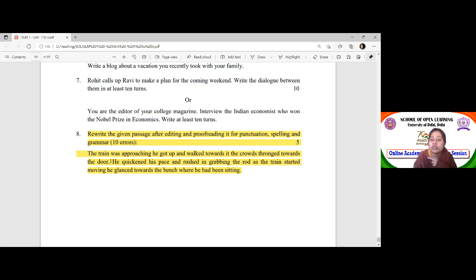Like, you're not supposed to delete anything. "Walk towards the crowd" is there. Now tell me if there is a mistake here. Walk towards how, and what is the mistake? No, no, it's okay. I just corrected your mistake. You don't have to tell me sorry. Just do it the way the instruction is given.